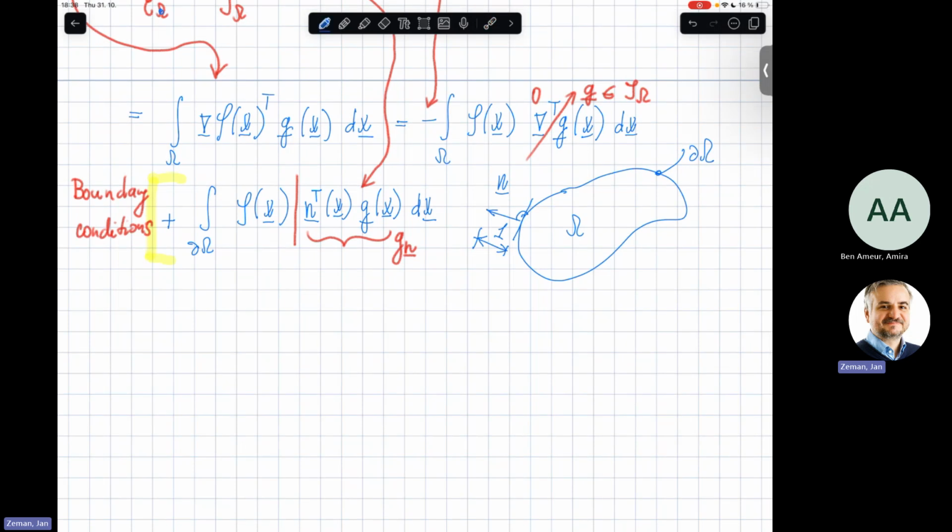There must be a certain reasonable way how this can be satisfied. And basically, from that multiplication expression, there are two main ways to ensure that this indeed integrates to zero. The first condition says that my phi of x is equal to zero everywhere on the boundary.